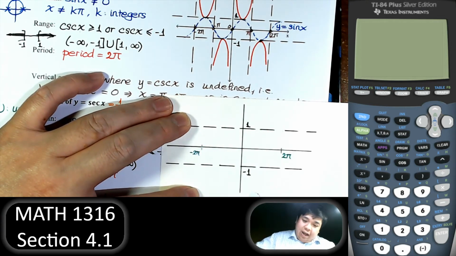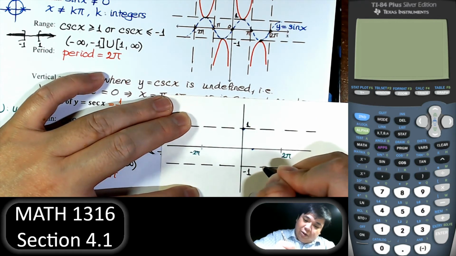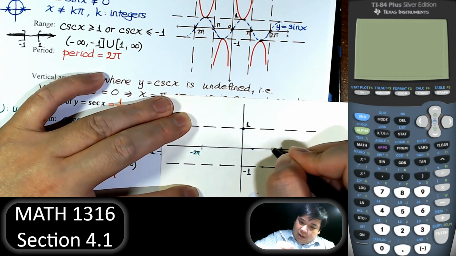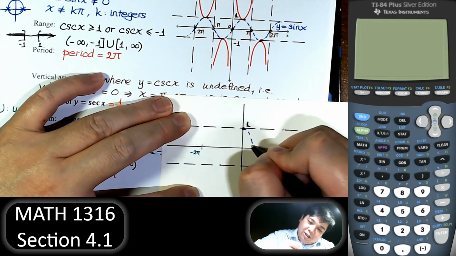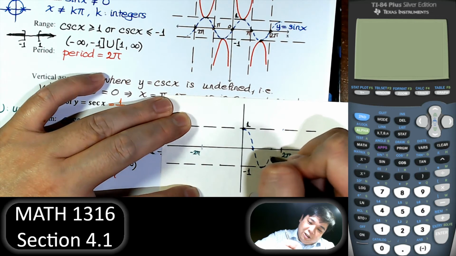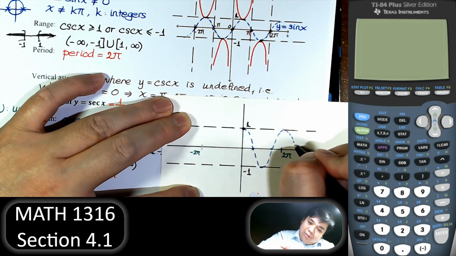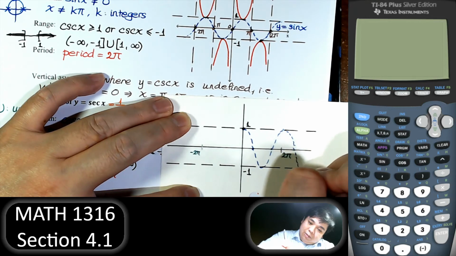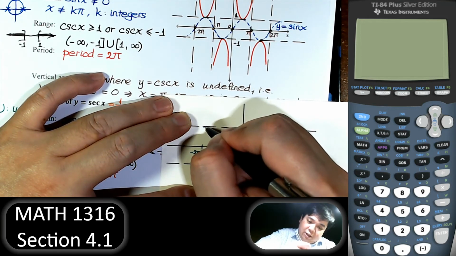Right. And the graph of cosine starts from maximum, middle, minimum, middle, max. So this is the graph of cosine. And copy and paste for 1 period.